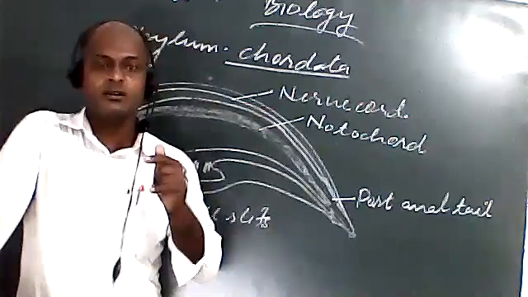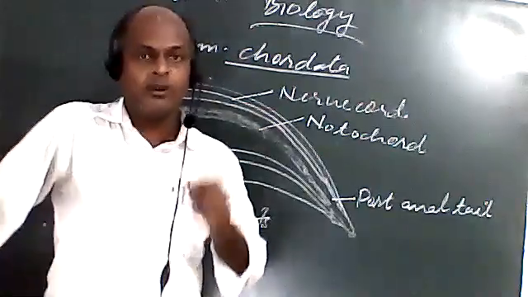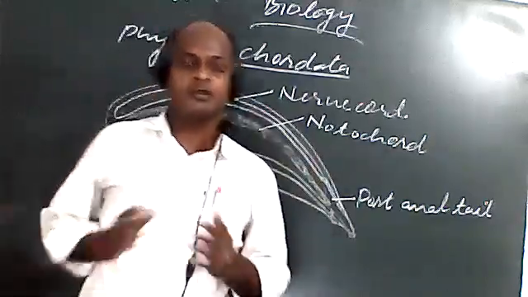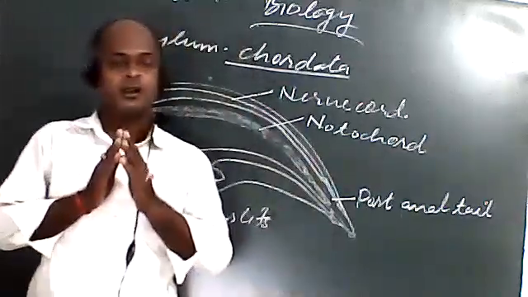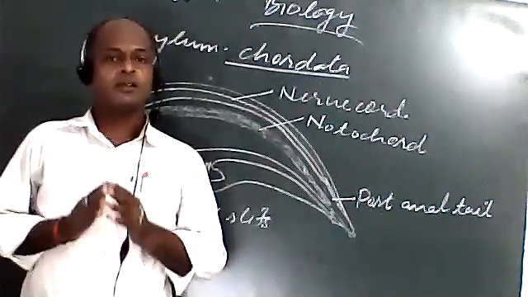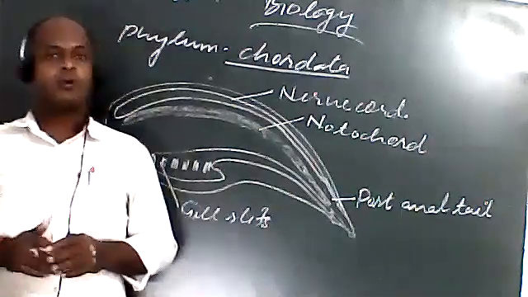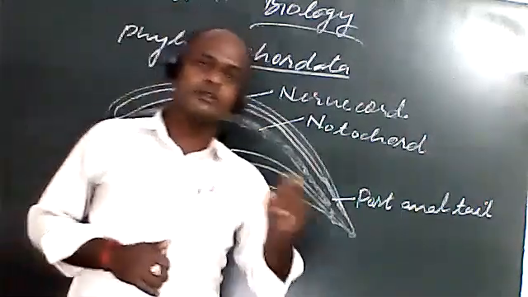We have studied that the nerve cord is present on the ventral portion of the body. It is a double ventral solid nerve cord. We have studied in many organisms that the nerve cord is present on the ventral portion of the body. It is a double nerve cord which is not hollow, it is a solid nerve cord.